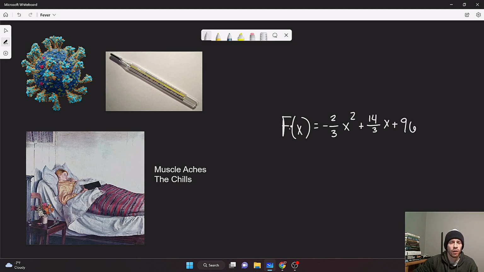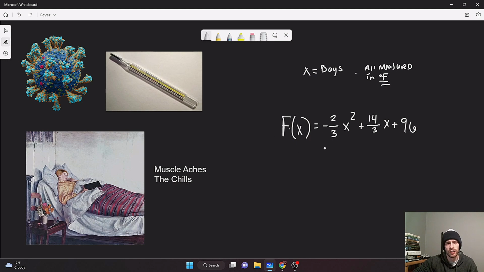And now what do our variables represent? X is the days with which we've had the fever, and this is all measured in degrees Fahrenheit. So for anybody that uses centigrade, we are using Fahrenheit.